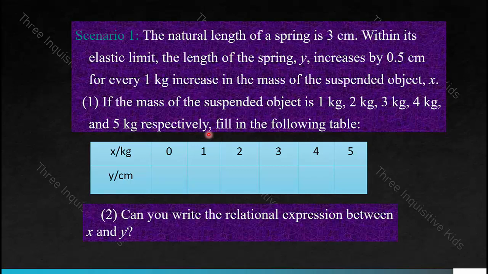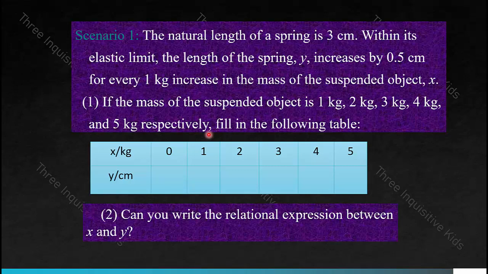The length of the spring, y, increases by 0.5 centimeters for every 1 kilogram increase in the mass of the suspended object x. So you could think of a spring and it's attached to this object, and the object's weight is pulling down on the spring, causing it to become longer.